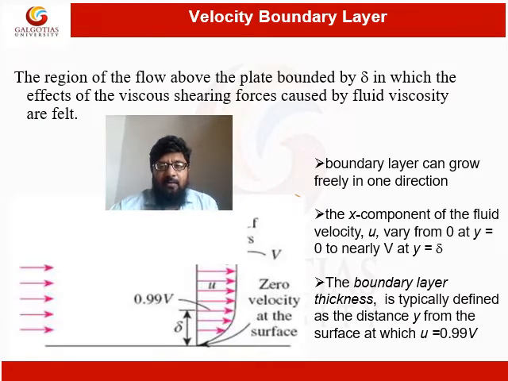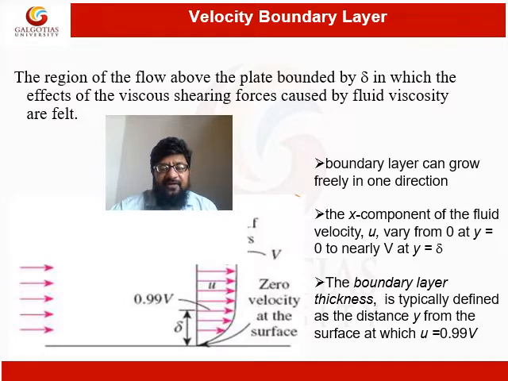So we can assume that the boundary layer grows freely in one direction, and inside the boundary layer the velocity component u, that is the velocity in the x direction, varies from 0 at the solid surface, that is y equal to 0, to approximately the uniform velocity capital V at y equal to delta, and delta is defined as the boundary layer thickness.